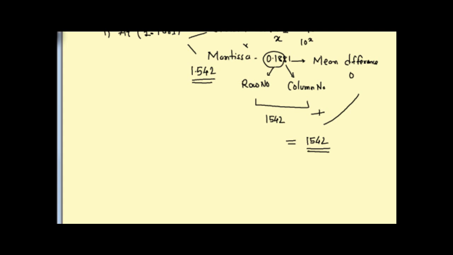So 1.542. So the actual value of antilog of 1.1881 is equal to the product of the characteristic part and the mantissa. The characteristic part is 10 raised to 1 into the mantissa part 1.542.